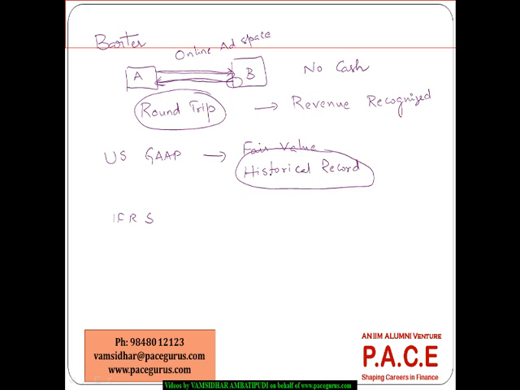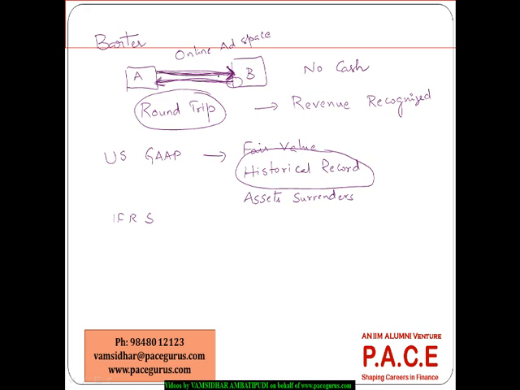But otherwise, if you are not able to assess your historical transactions where you have sold this good or service for cash earlier, then it says to treat your revenue to the extent of the assets that you have surrendered. Meaning whatever is the carrying value of the asset that is surrendered.